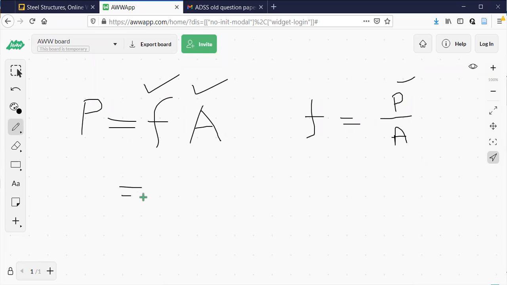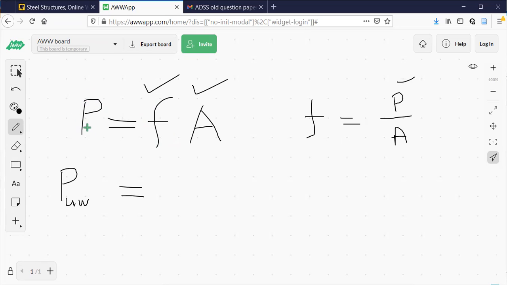Now I want to find out the resistance developed by the weld. I'll just further modify this one. So load carrying capacity P is equal to stress in that material. Remember, it may be allowable stress or it may be ultimate stress, depending upon whether you are calculating working load, that is service load, or ultimate load.